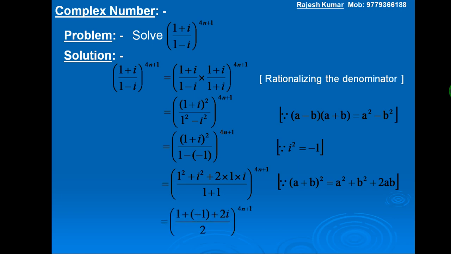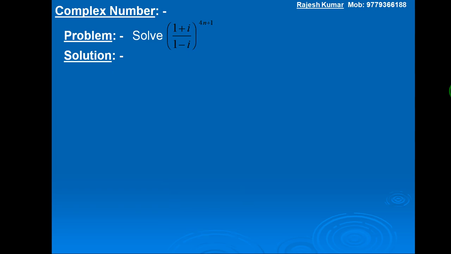Again solving this we get 1 plus minus 1, again iota square is equal to minus 1, so we get (1 plus minus 1 plus 2 iota upon 2) whole power 4n plus 1.